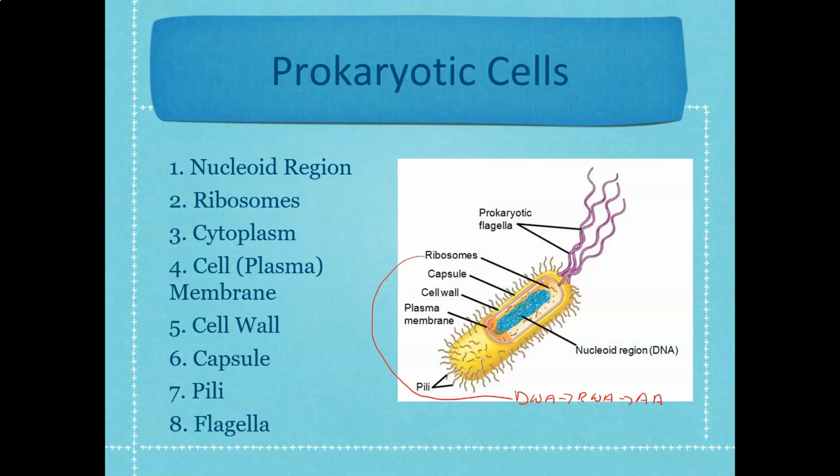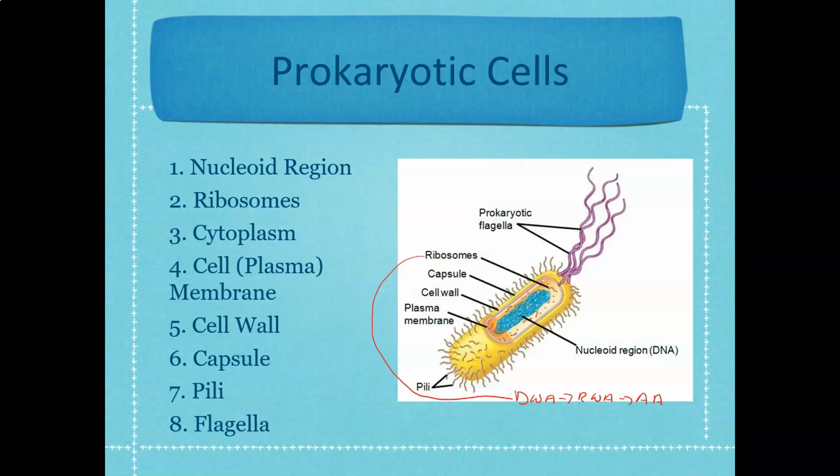The other thing that these guys can have are prokaryotic flagella. If you take a look at the picture, you see a handful of them coming off of just one region. These guys are literally utilized for motion. This is how these guys move. Again, this picture is just a model, so these cells don't necessarily look like this picture, but it gives you the basic idea.